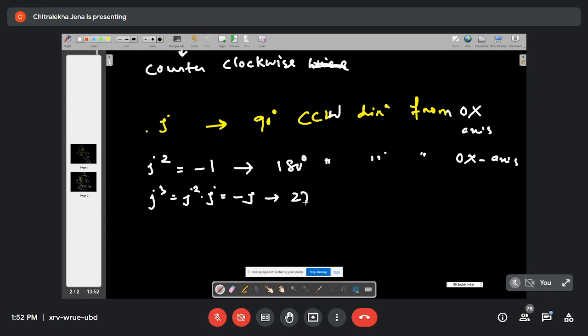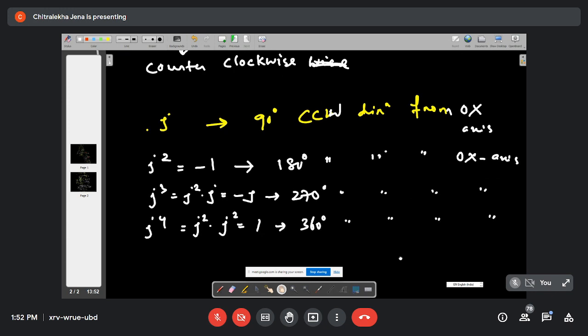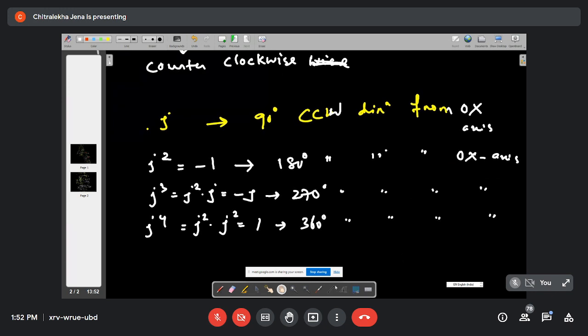This is 270 degrees counterclockwise from the reference axis. j to the power 4 is j square into j square, that is equal to 1. This is rotated 360 degrees in counterclockwise direction from the reference axis. This is the significance of the j operator.